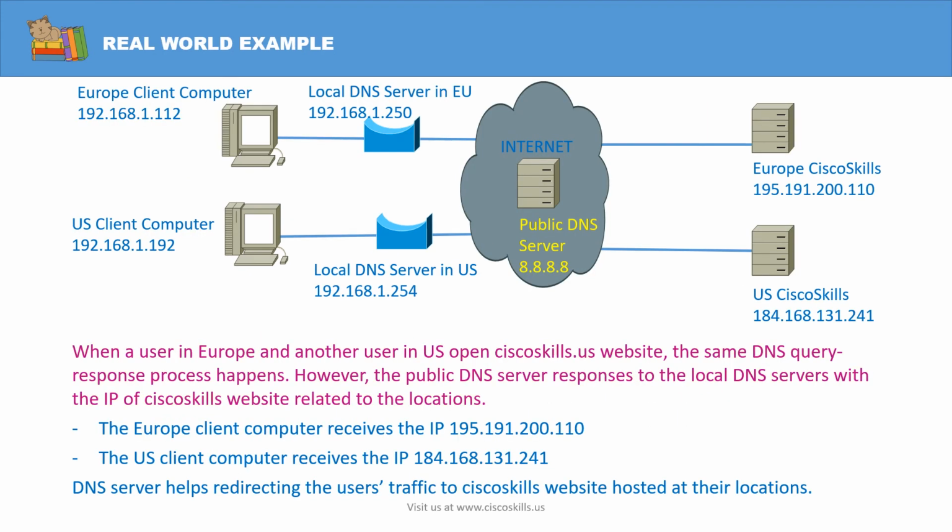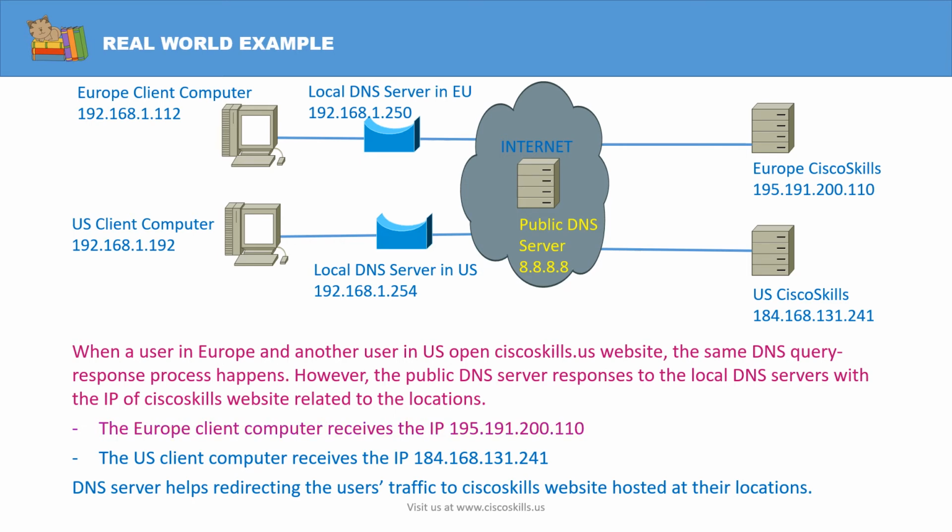When a user in Europe and another user in US open Cisco skills.us website, the same DNS query response process happens. However, the public DNS server responds to the local DNS servers with the IP of Cisco skills website related to the locations.